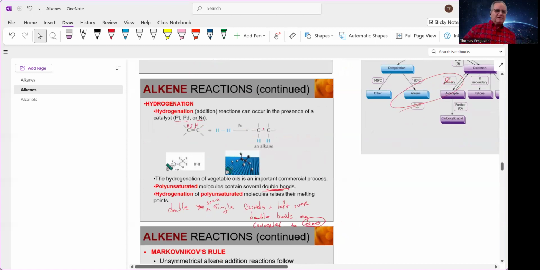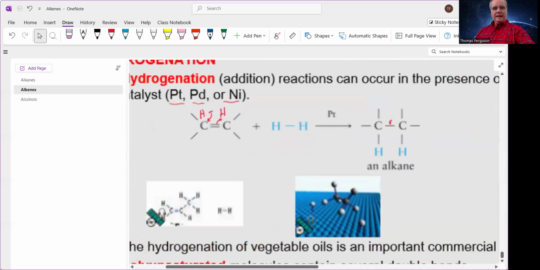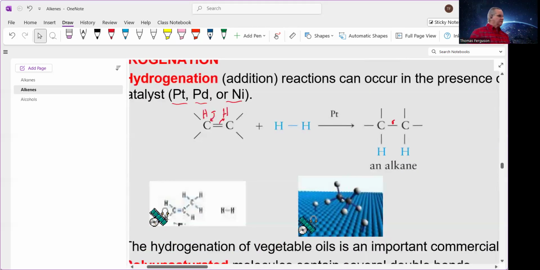Now another simple reaction is called hydrogenation, another addition reaction. This is where we're adding H2 across the double bond. Notice that Pt over the arrow, that's platinum. That's called a catalyst.